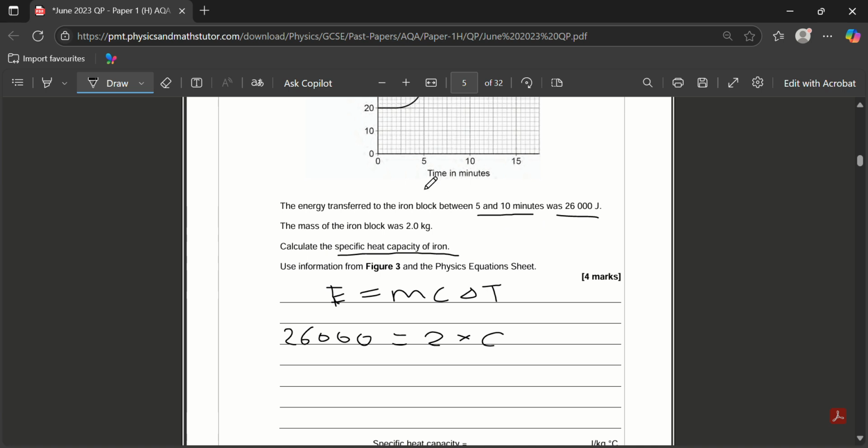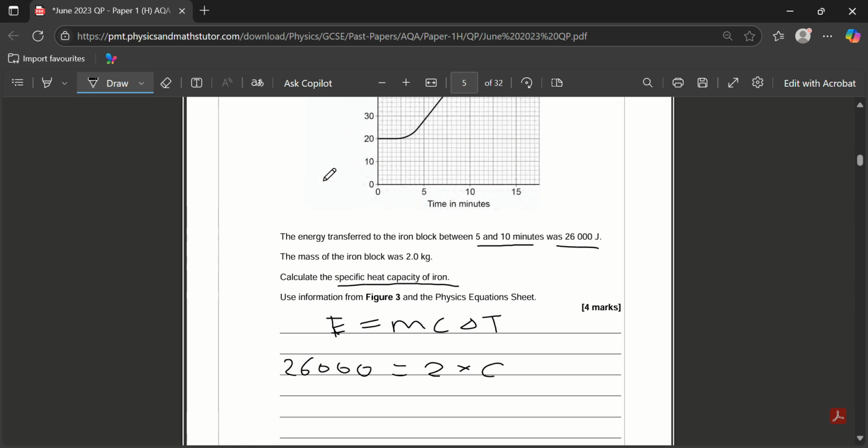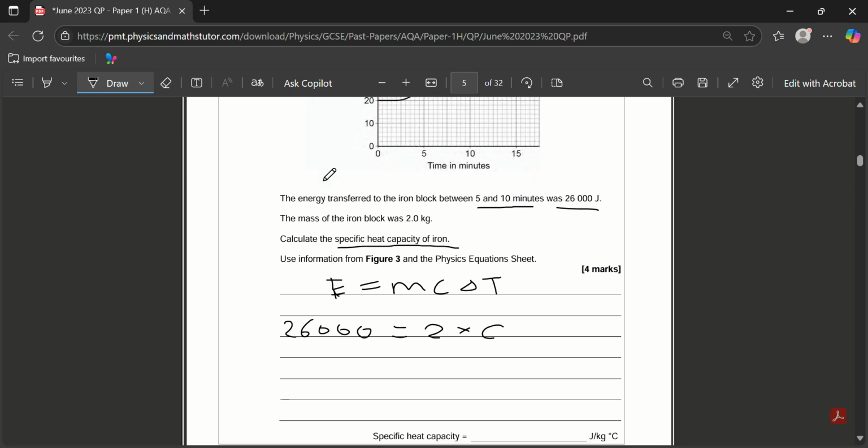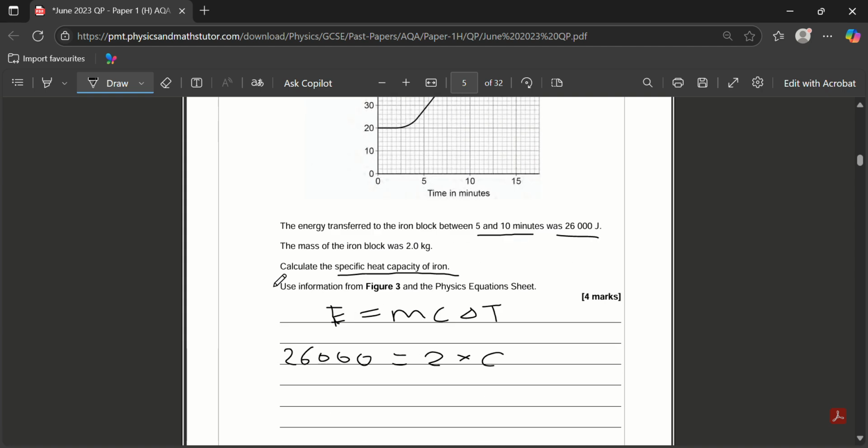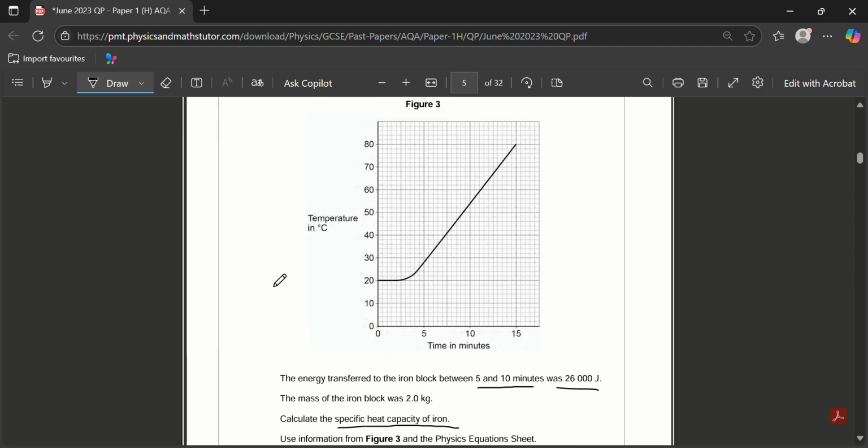between the 5 and 10 minutes. We have to use this graph, going up at 5, we come across at 28, and at 10, we come across at 54.